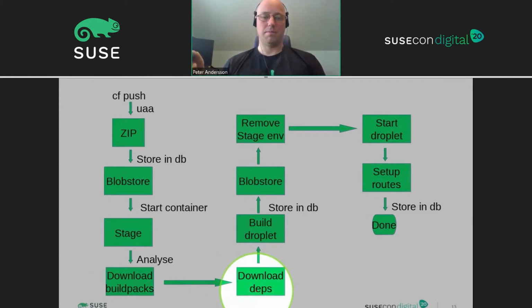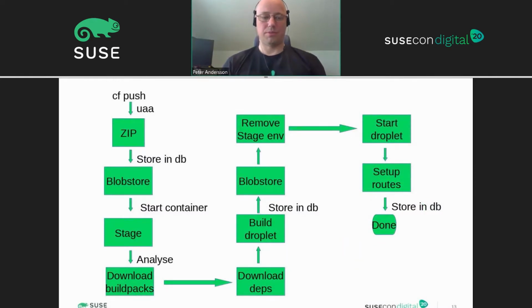It builds a droplet, that's the Cloud Foundry version of containers, or container images, if that's correct. It stores information about it in a database, and sends up the droplet to the blob store, removes the environment it created here to stage it, starts the droplet it created, sets up routes to it, and stores all of that in the database.